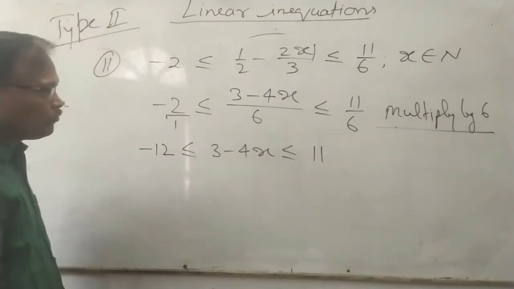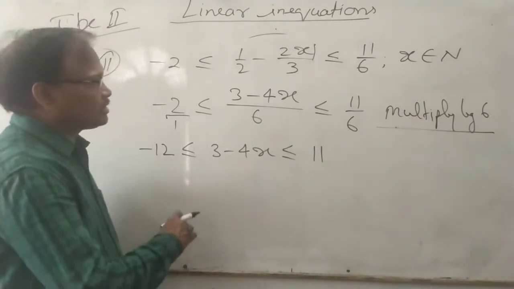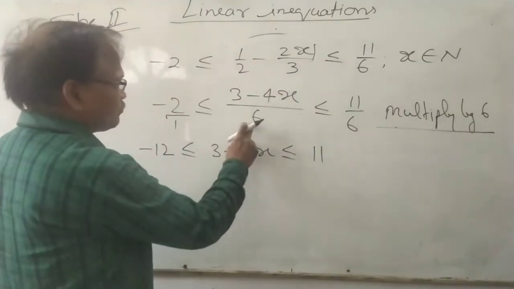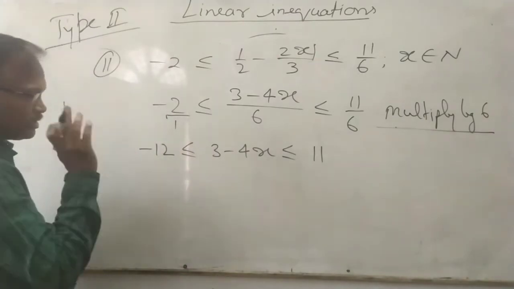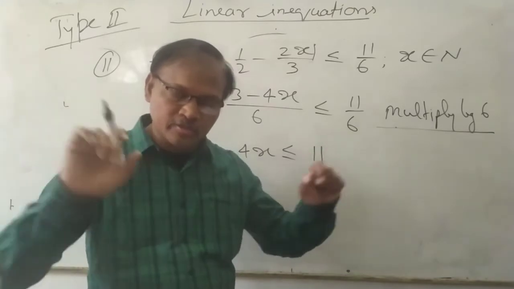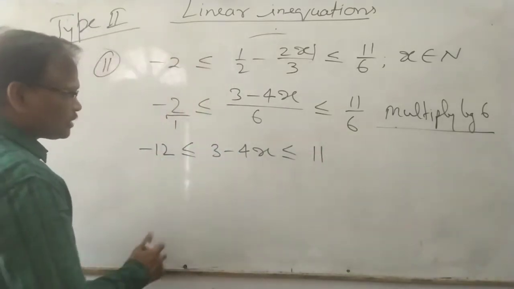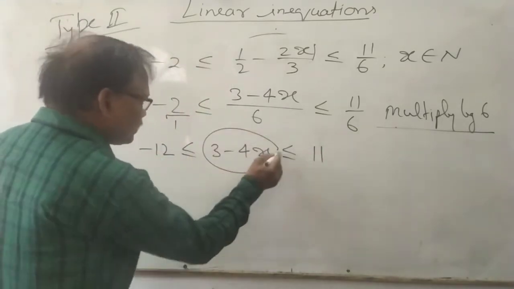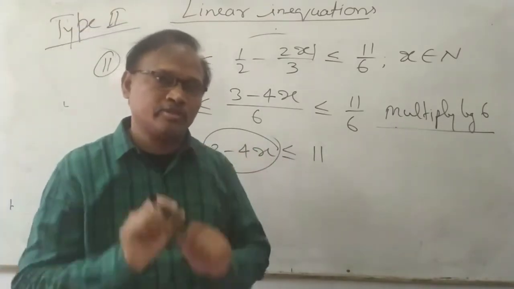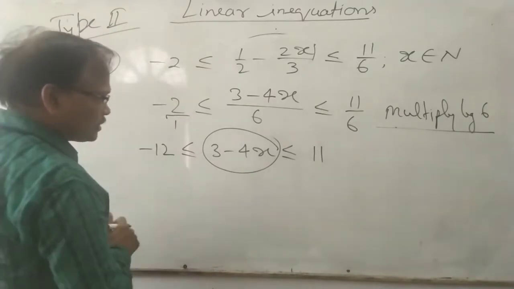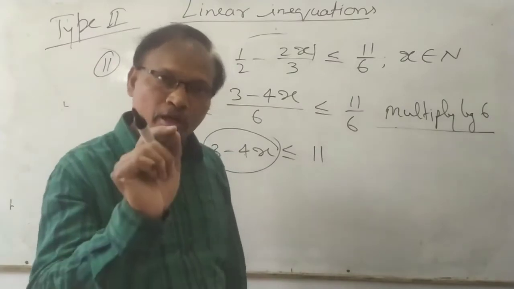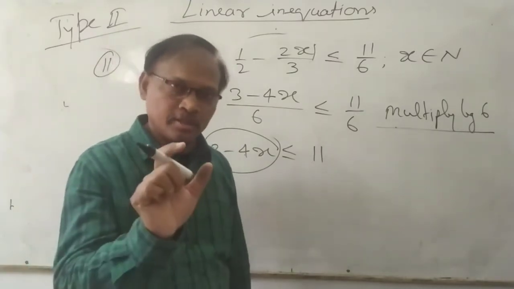Now the LCM is 6, and after multiplying by 6 this will be cancelled and here you will get minus 2. Now how to solve this? Now it will change into linear. You must cancel the digits present in the center between the two inequations. Here the digits 4 and 3 are there, but first you cancel the digit without the variable, which is in the center.